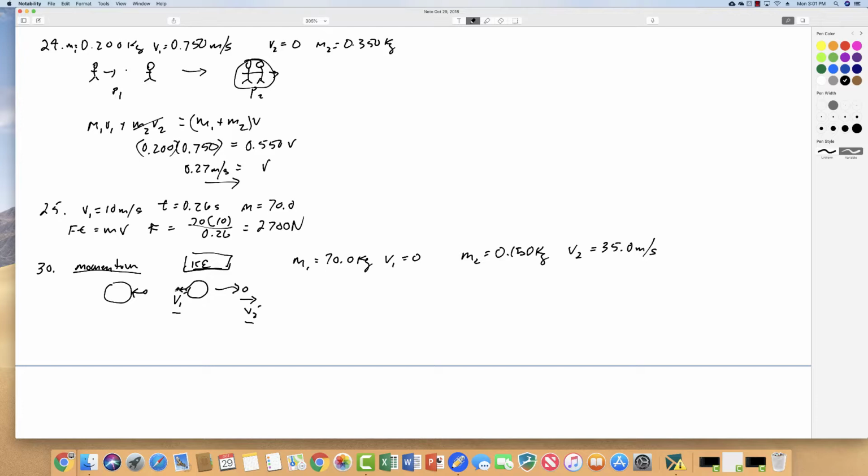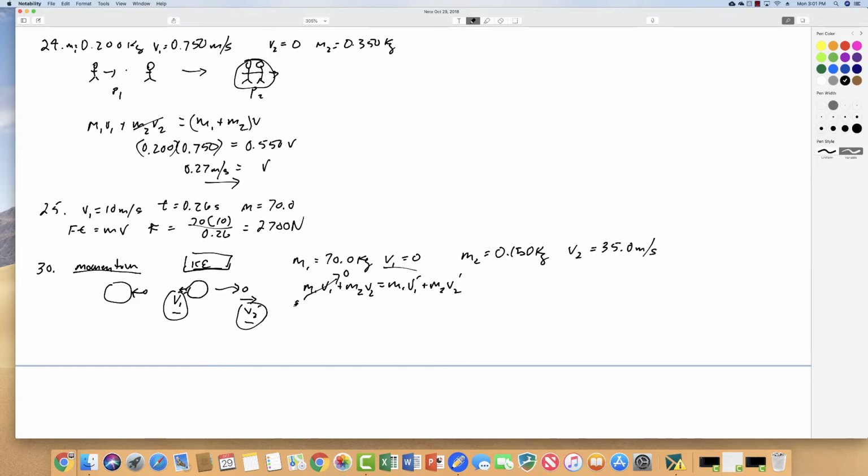And there are two unknowns. If there are two unknowns, you have to have two equations. So the first one is based on the conservation of linear momentum in one dimension. So M1 V1 plus M2 V2 has to equal M1 V1 prime plus M2 V2 prime. So M1 V1 is 0 because V1 is 0.